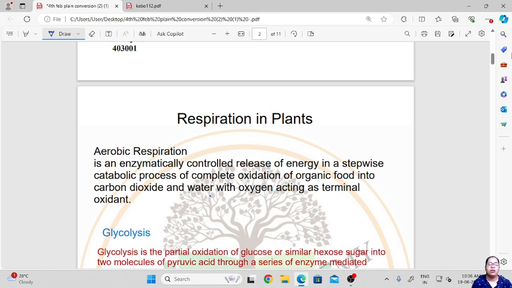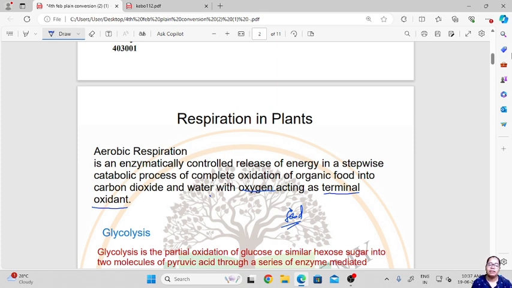So over here what happens is, the food that we eat, the food present in our system, is acted upon by the terminal oxidant, that is oxygen. Oxygen acts upon our food in a stepwise catabolic process, enzymatically. There are many enzymes involved, which we will see in our later part.